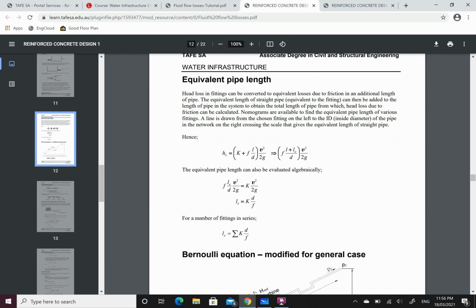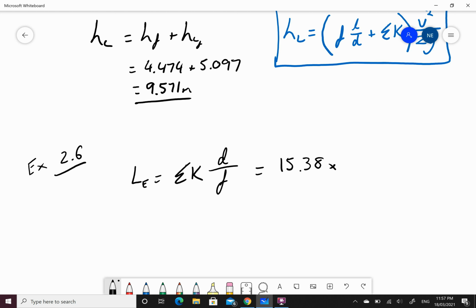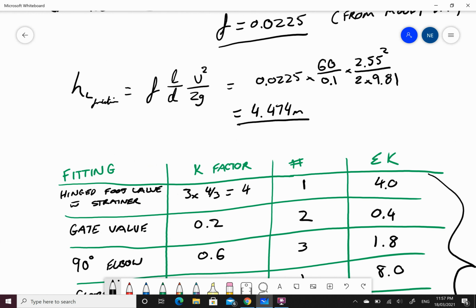So let's do it. Okay, so this is for the 2.6 example. My equivalent length is equal to the sum of K of the fittings times the diameter divided by my friction factor: 15.38 times 0.1 divided by my friction coefficient, which was 0.0225.